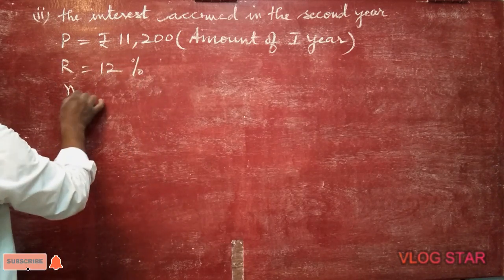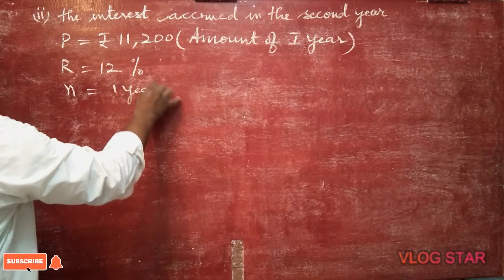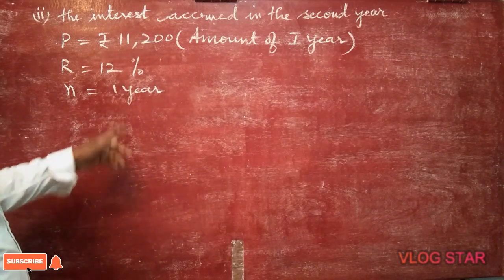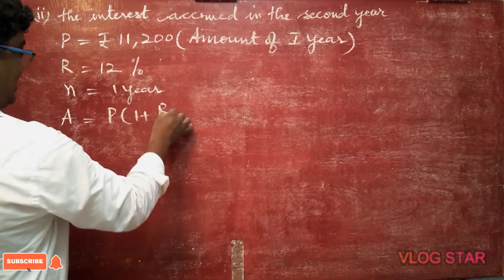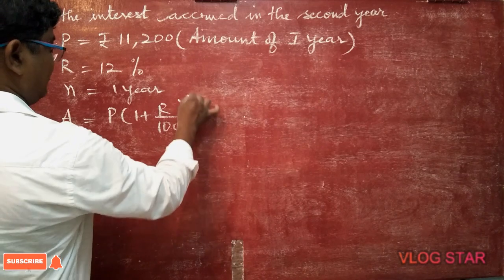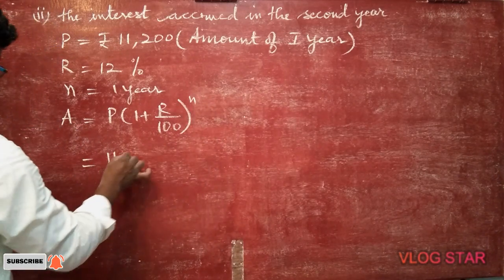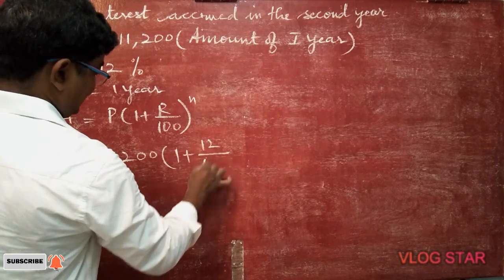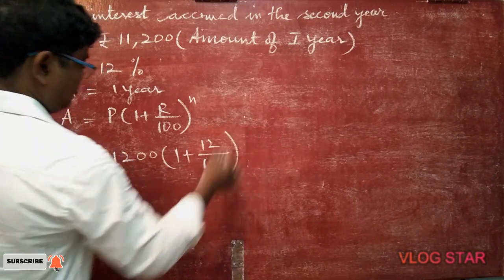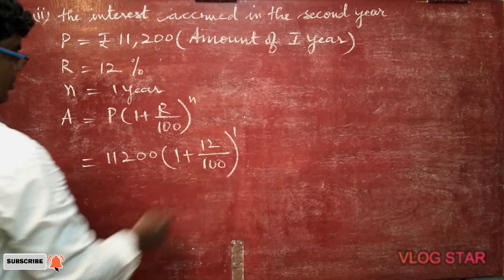And for the second year, N is 1 more year. 1 year completed. This is 1 year. This is the second year. 1 more year. Amount is equal to P into 1 plus R by 100 whole power N. 11,200 into 1 plus 12 by 100 whole to the power of 1. If you write 1 or not writing also no problem.